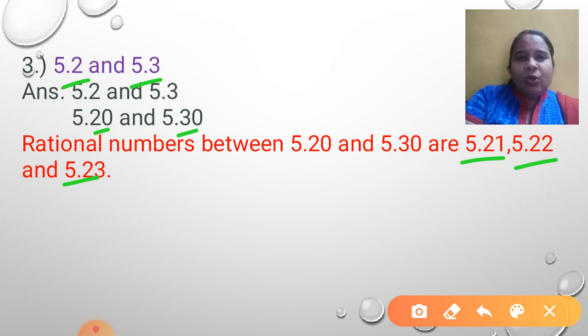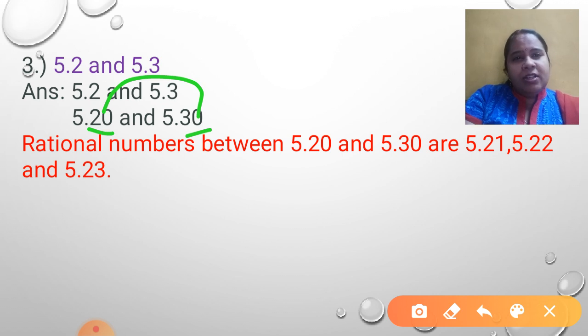If you feel you don't want to write this, you can write 5.22, 24, 26, 27, any number in the range of 5.20 to 5.30. I hope now this concept is clear. So this is the reason this is an open-ended question having multiple answers. You can write any numbers. I have written here these three.